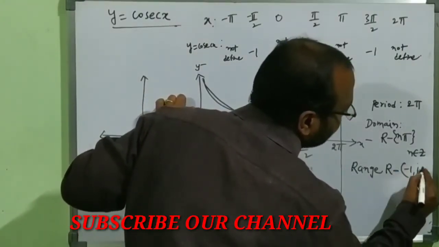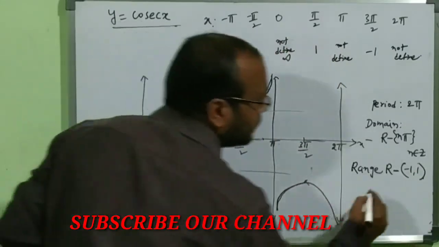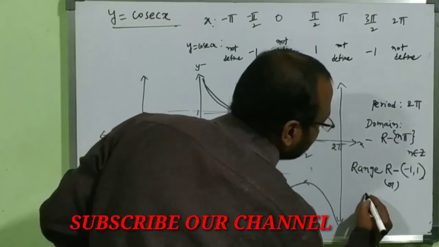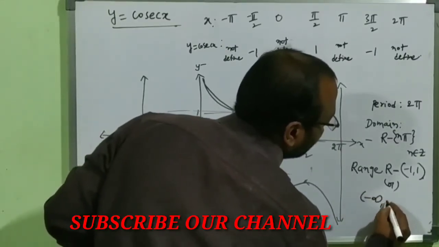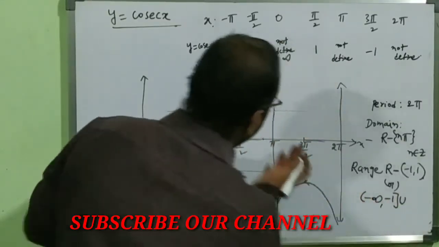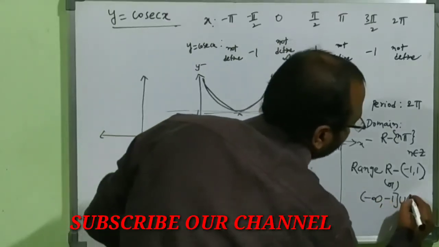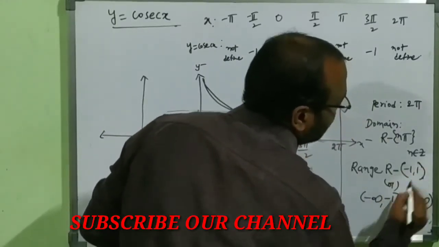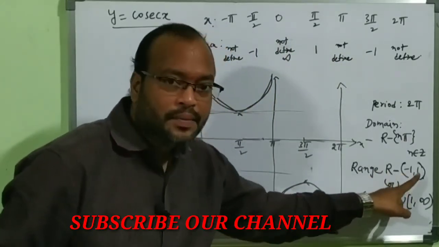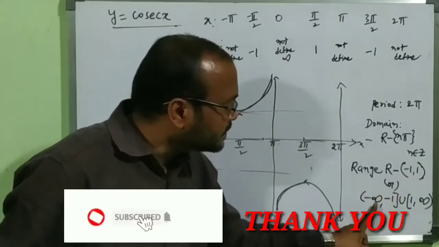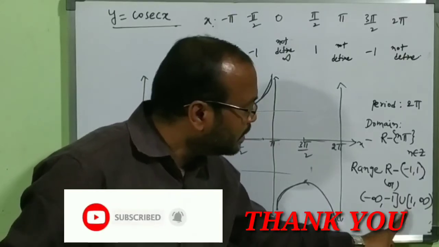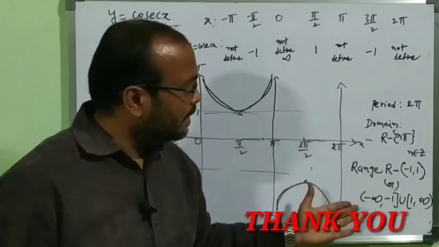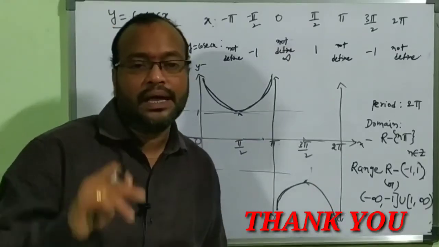R minus of (minus 1, 1). Or simply we can write like this here. Minus infinity to minus 1 union 1 to infinity. Either we can write R minus (minus 1, 1) like this, or simply (minus infinity, minus 1] union [1, infinity). So this is the domain, period, and the range of the function. Thank you very much.